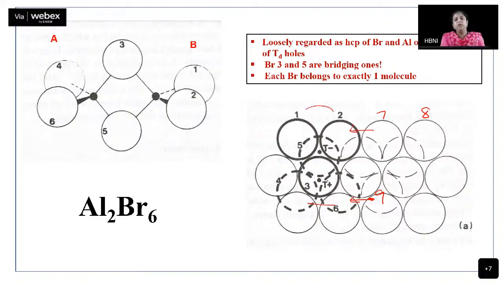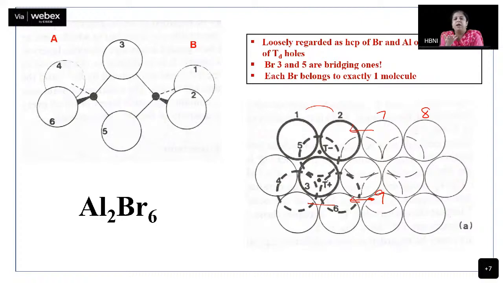So even though I can explain the Al2Br6 structure based on close packing, in that close packing the bonding within the dimeric unit is much stronger than the three-dimensional bonding. That is why this particular structure is weaker as compared to AlF3.